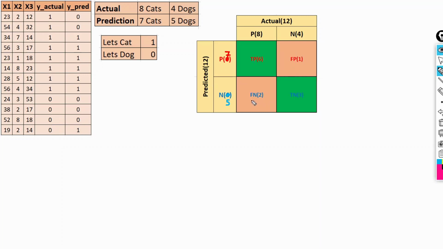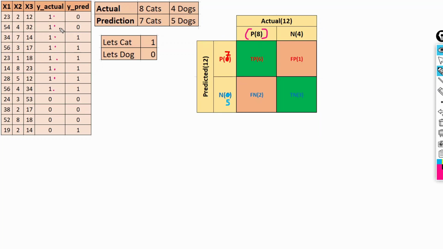Now we will understand the false negative. So what is the false negative? False negative means false, as the first term is false. It means both are incorrect. In actuality it is positive, but in prediction it is negative. It means this is false. But now what is the second term, negative? It means we have to check all those positive values which are incorrectly classified, right? If you see here, these all are the positive values we have.